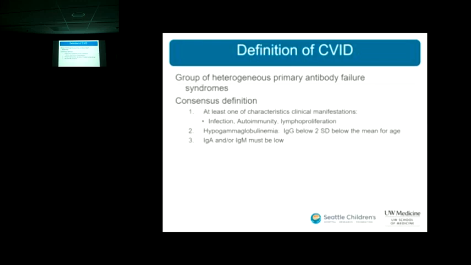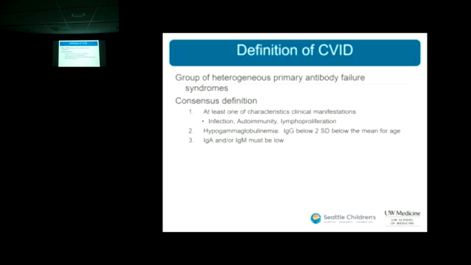There was a lot of controversy because some experts felt that a low IgM wasn't clinically relevant, and really what you needed to demonstrate was a low IgA, because that means that there's poor class switching. Because IgM, if you remember, is the first antibody, so you're not class switching to IgM, you're class switching to IgA.